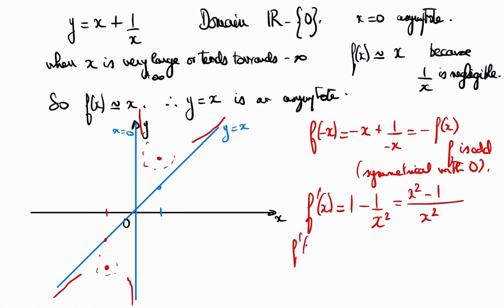So f prime of x equals 0 when x is equal to plus or minus 1. So there are two extremums. Actually we calculated those already. So okay, at x equal 1 there is a horizontal tangent, at x equal minus 1 there is a horizontal tangent too, so it actually looks like that. Here you go.